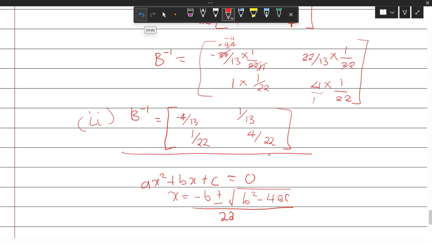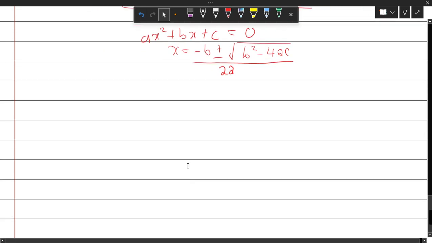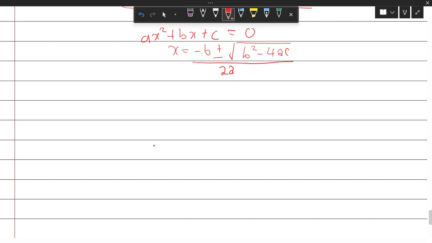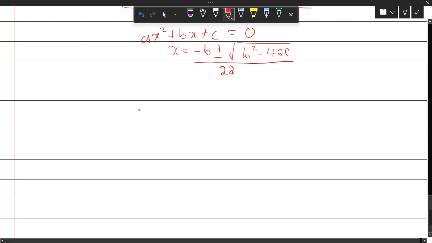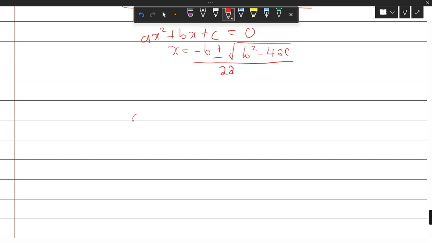Then we've also talked about the order of the matrix. Just quickly wrapping up. The order of the matrix, also called size, is equal to the number of rows multiplied by the number of columns.